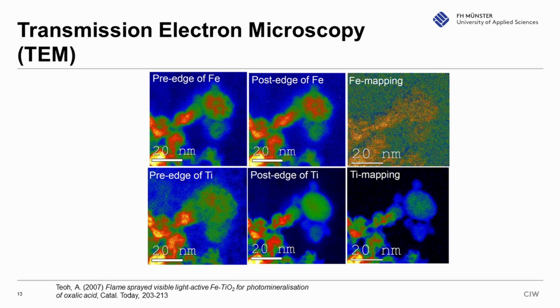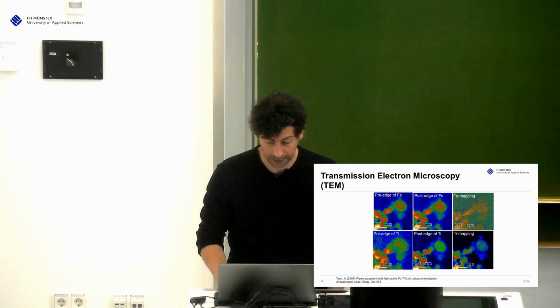And here also another question, and this is what you also can do with the TEM. If it's well equipped, you not only look at sizes or crystal structures, you also can take a look. So we put iron into the titania, and then we want to know where is the iron in the titania? Is it homogeneously, or did we get segregation at a specific part? Maybe we even get iron oxide. We don't want to have iron oxide.